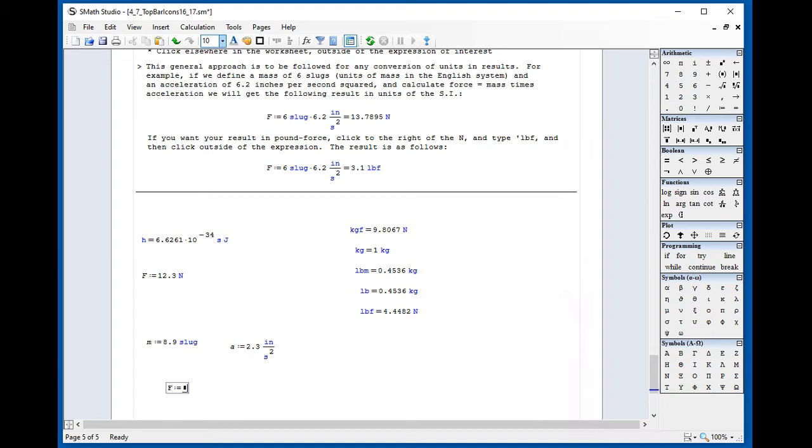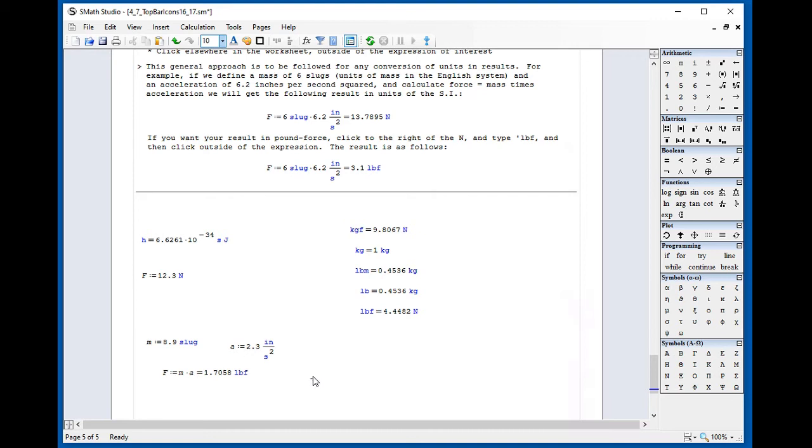And so suppose that we calculate force equal lowercase mass times a. The result comes in newtons, but I don't want newtons, I want pound force. So I click on the right hand side, get to this placeholder, put quote, and put "LBF". That's 1.78 pound force. And that's how you can change your result from one unit to another.